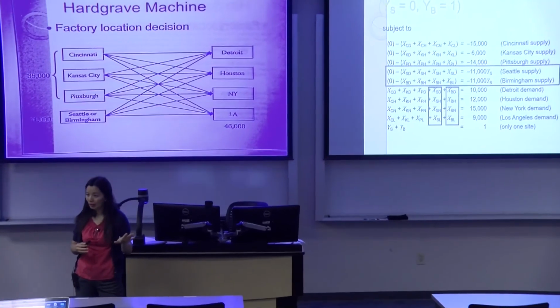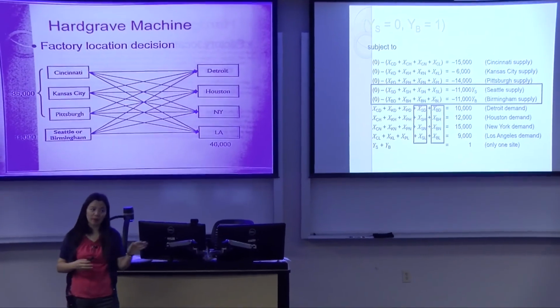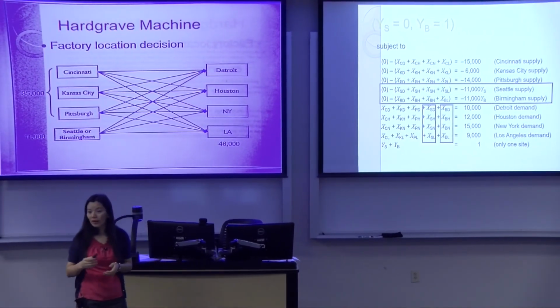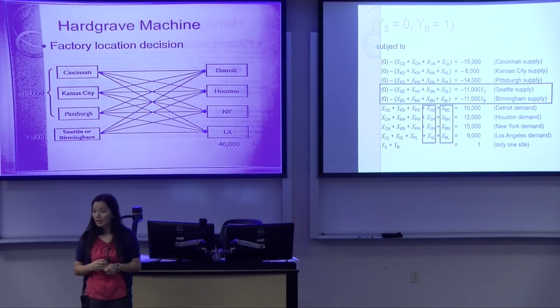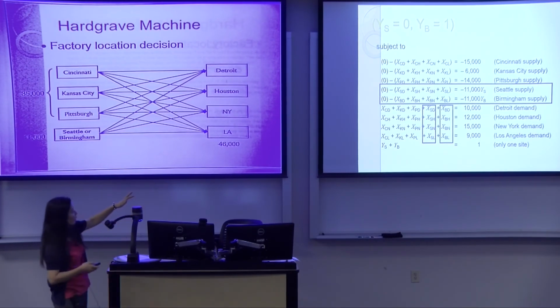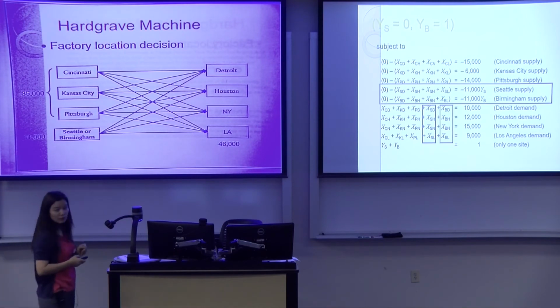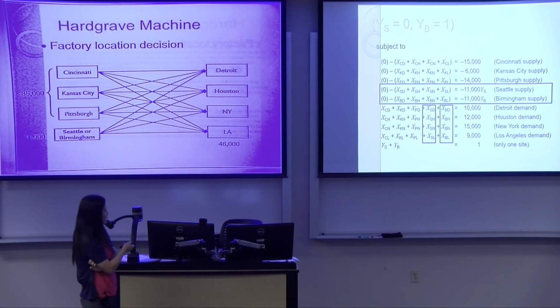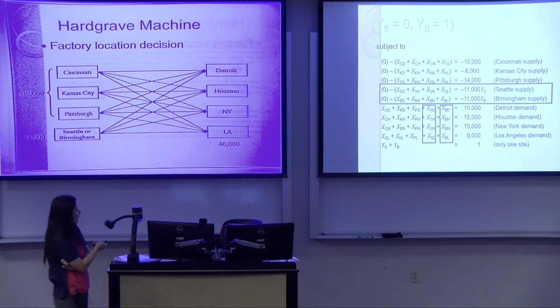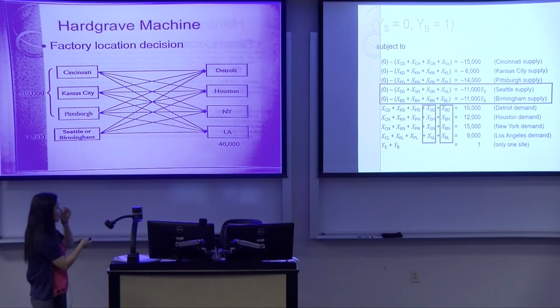And the regular variables, that's the number of units from a plant to a warehouse, right? After we formulate the problem as this mixed integer programming model, we can use Excel to solve it. The only thing you need to pay attention to is that when you implement those constraints, the right-hand side has those decision variables.